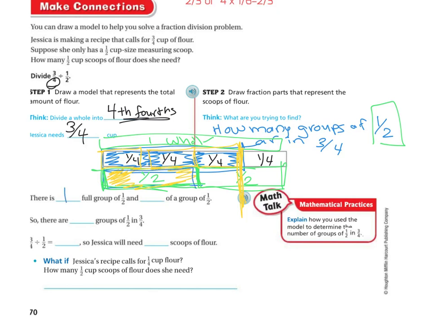Do you see my one full group of a half? And then I have a half group of a half, because it goes to right here. So there's going to be 1.5 groups of 1/2 in 3/4. So 3/4 divided by 1/2 is going to be 1 1/2. So Jessica will need 1 1/2 scoops of flour.